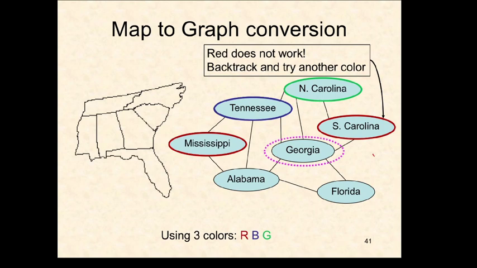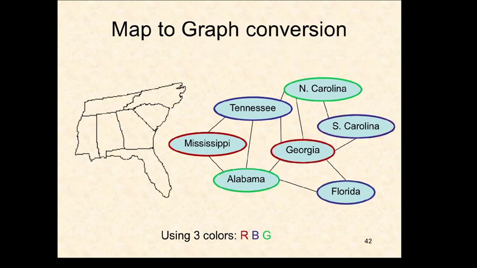It can't be red because it's next to South Carolina. Georgia has no possible color, therefore South Carolina can't be red. No color worked for Georgia, so I've got to backtrack and try another color for South Carolina. And so there is a 3 coloring that does work for this.